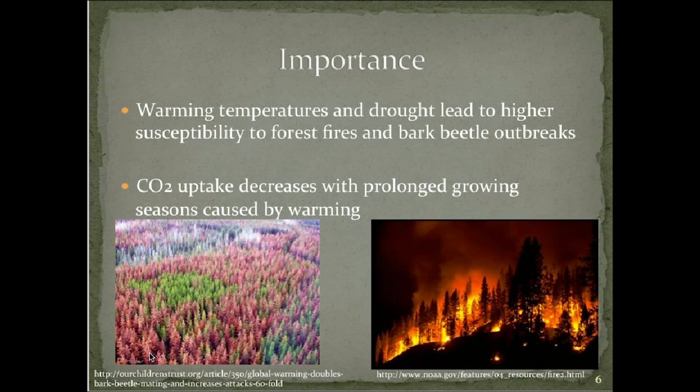As the trees dry out, they become more susceptible to burning. Also, it has been shown that with increased temperatures and decreased precipitation, the growing season of the trees is prolonged, but there's not enough water to sustain the growth. So not as much CO2 is absorbed by the trees, and that CO2 is released into the atmosphere as a result.